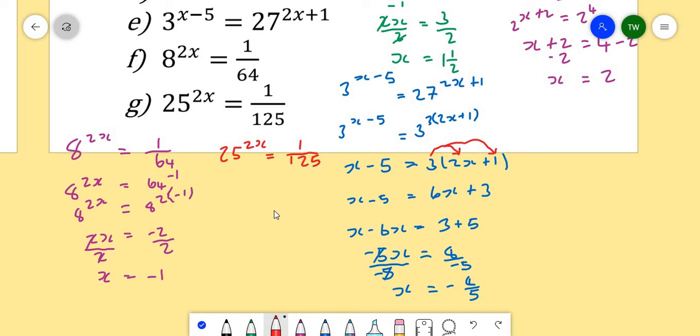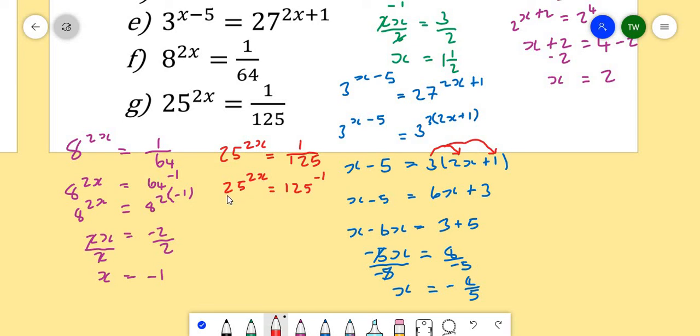Now, what we can do is to keep what we have on the left hand side, so we're going to write it back, which is 25 raised to the 2x power, right? And then we're going to use our laws of indices, which is the inverse law, to rewrite 1 over 125, and that is the same thing as 125 raised to the power of negative 1.